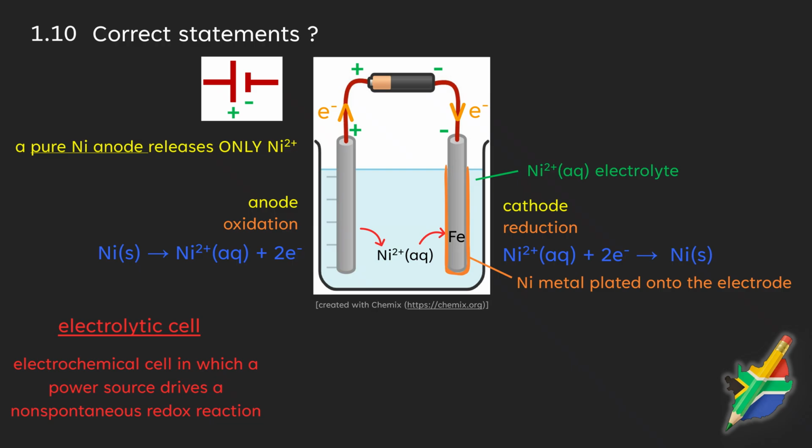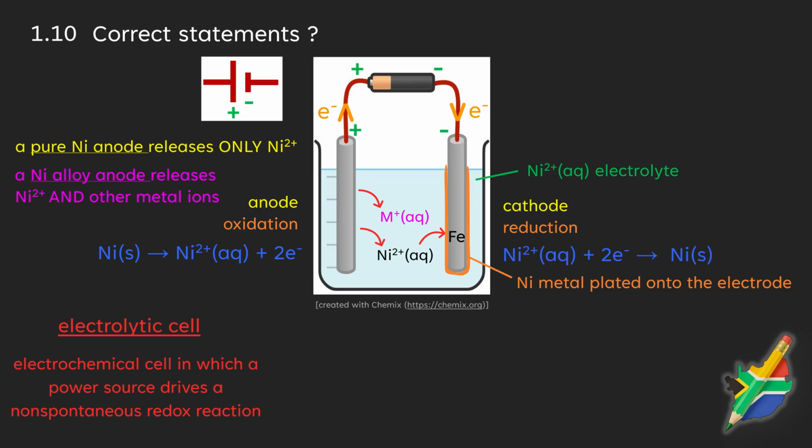If it is pure nickel, it releases only nickel 2+ ions into the electrolyte, and it will maintain the nickel ion concentration in solution, even though nickel ions are leaving solution as they plate onto the iron rod. So a pure nickel electrode is the best way to keep the process going.